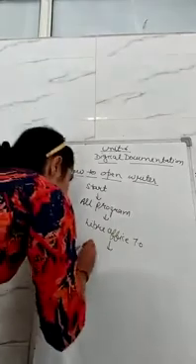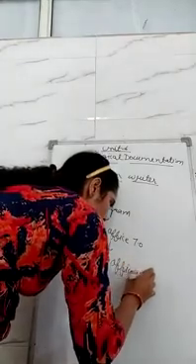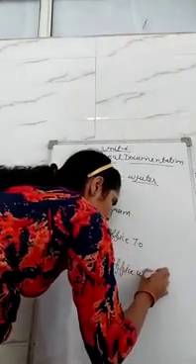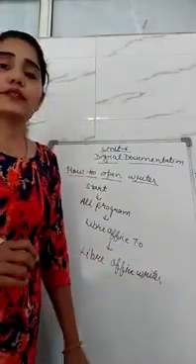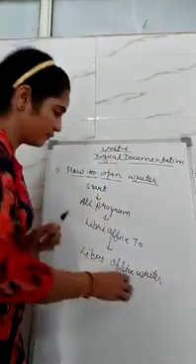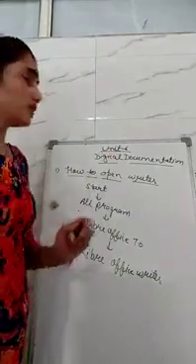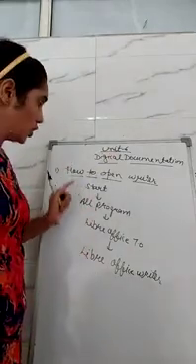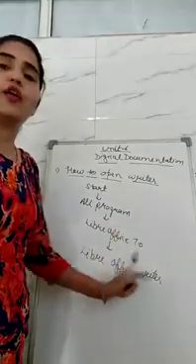After that, click on LibreOffice Writer. When we click on the LibreOffice Writer, a screen will appear in front of us. Clear, my dear students? How to open the LibreOffice Writer? Click on Start, All Programs, LibreOffice 7.0, then LibreOffice Writer.